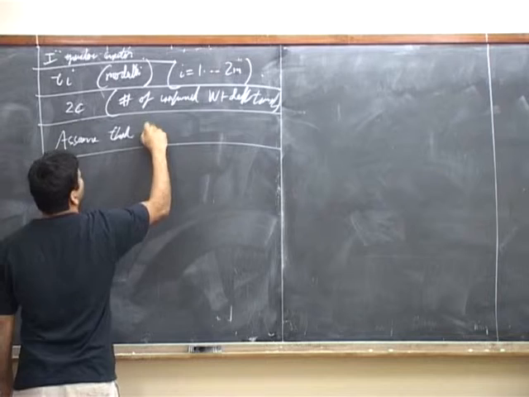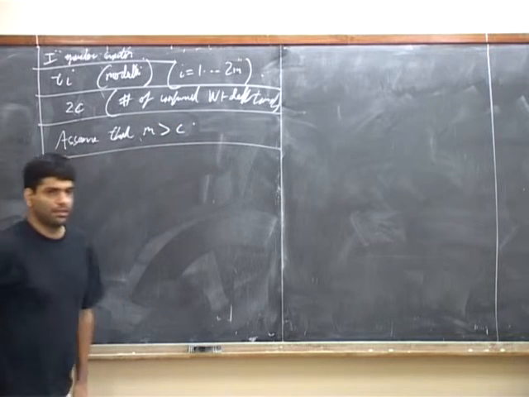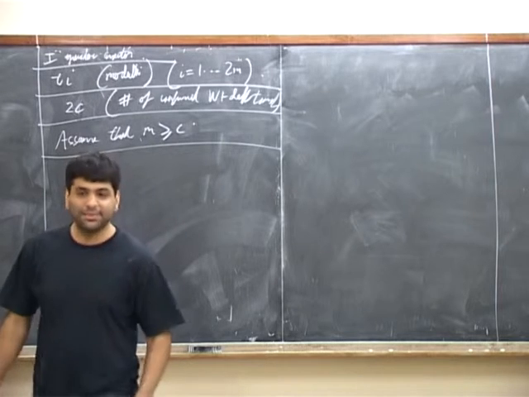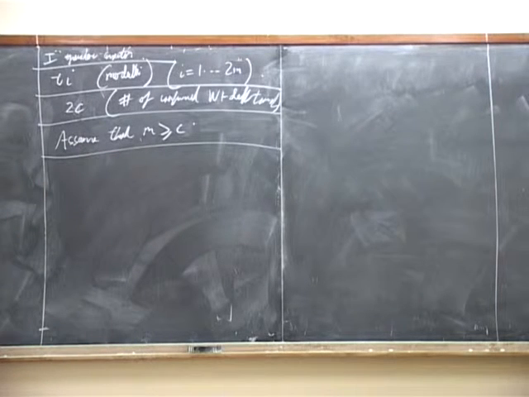Okay, so we will assume that m is greater than or equal to c. As we will see, anything with m less than that violates this inequality and doesn't calculate anything physical, so the assumption will not be a physical restriction.